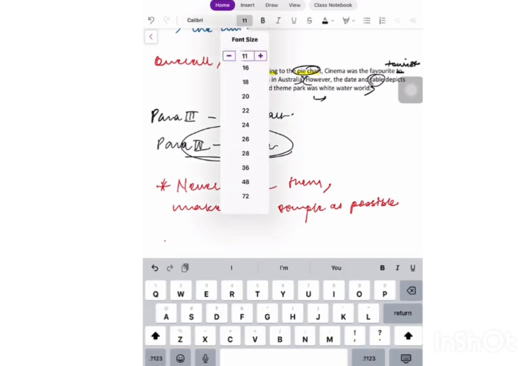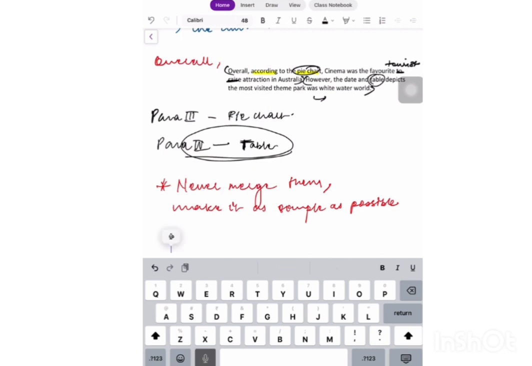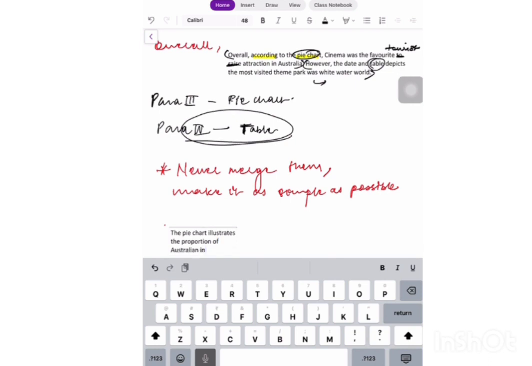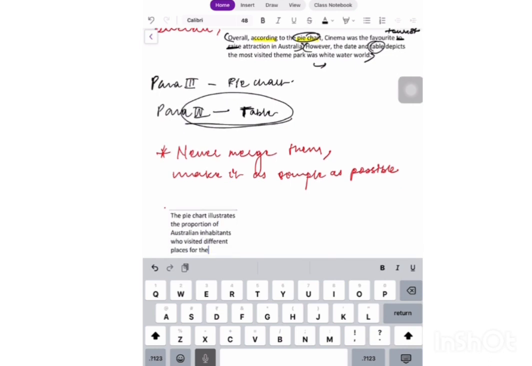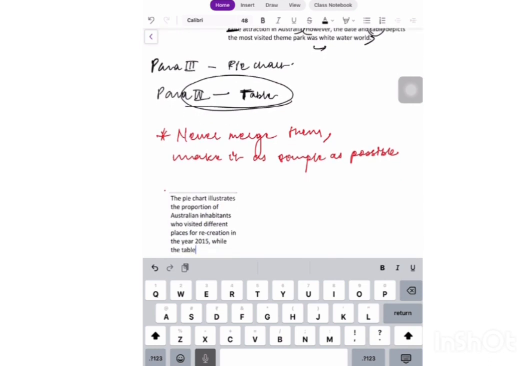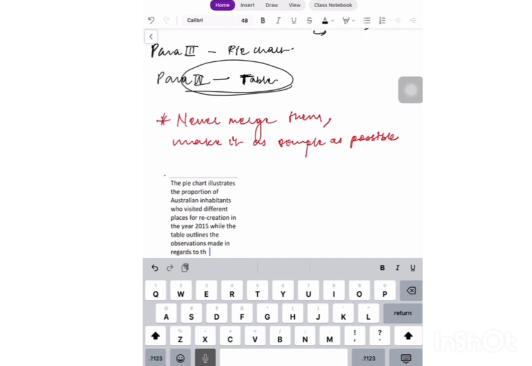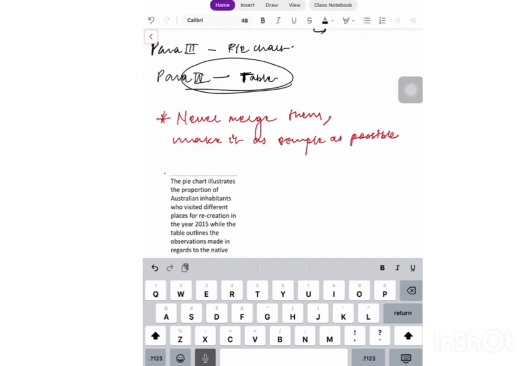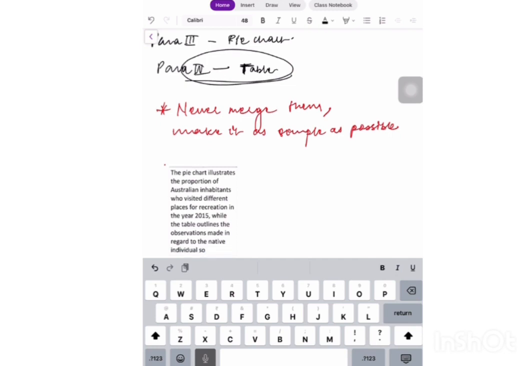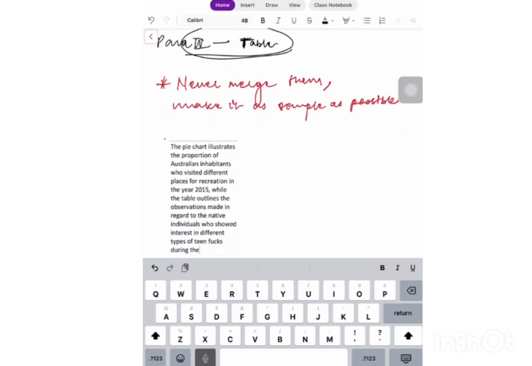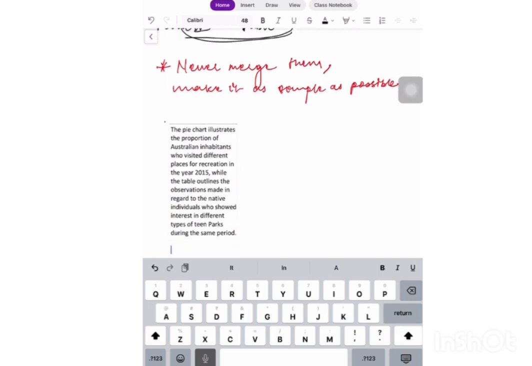From the pie chart, so what we learned in this question was that the pie chart illustrates. Now let us highlight. Okay, so I'm going to use yellow highlighter for band 9 words, red highlighter for linkers, and red pen for any other good words or good usage of language.